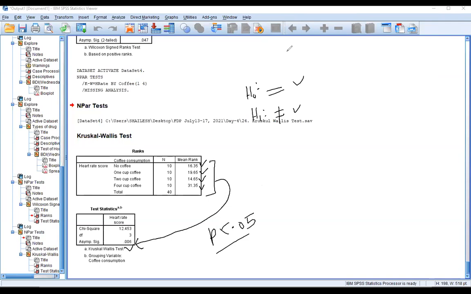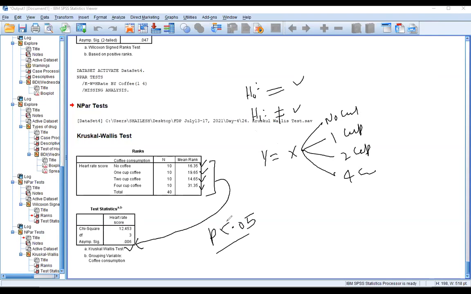So there is another method to find it. In this case, we cannot use the post-hoc analysis test for this method. There is another method where we can use post-hoc analysis. Now, what will we do? There are four groups, so we will prepare pairs: no cup coffee, 1 cup, 2 cup, and 4 cup.